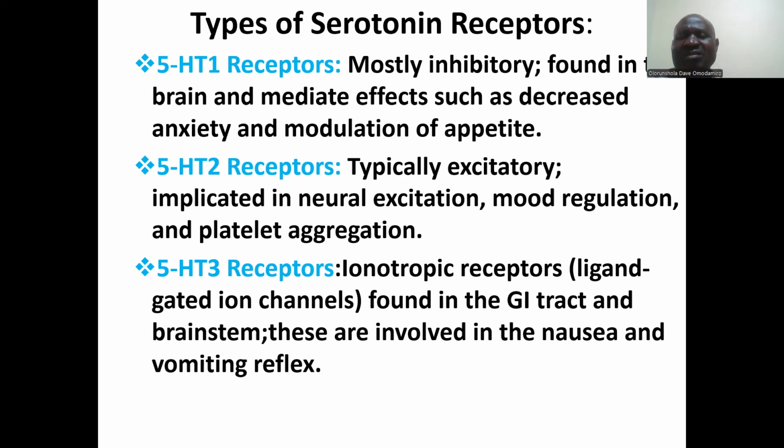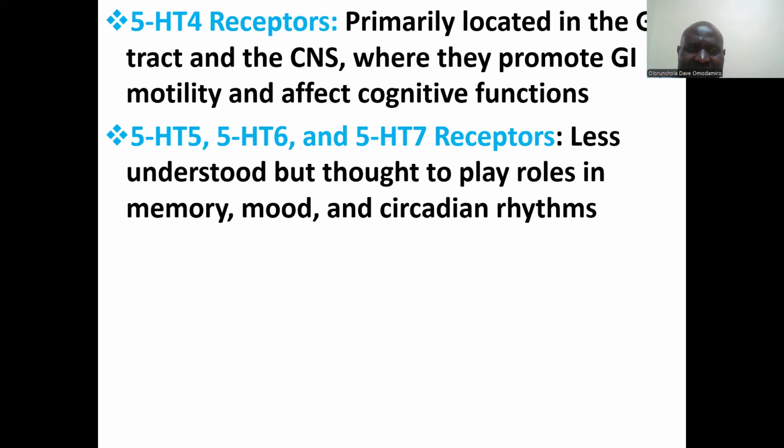It is majorly found in the GIT, brainstem, and is involved in the nausea and vomiting reflex. And then the 5-HT4 receptors are primarily located in the GIT and the CNS, where they promote GIT motility and also affect cognitive function.